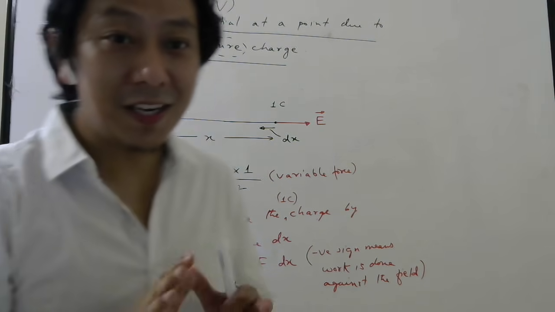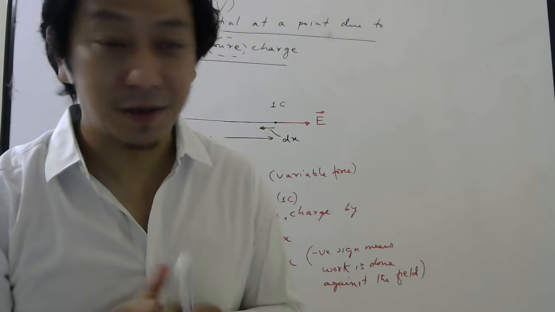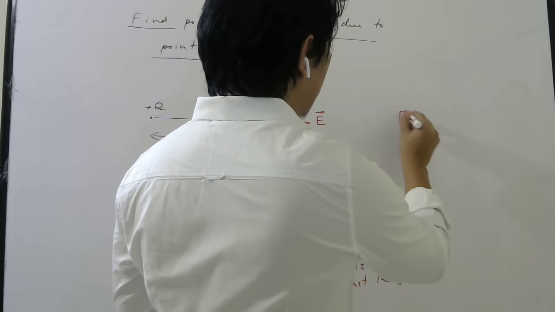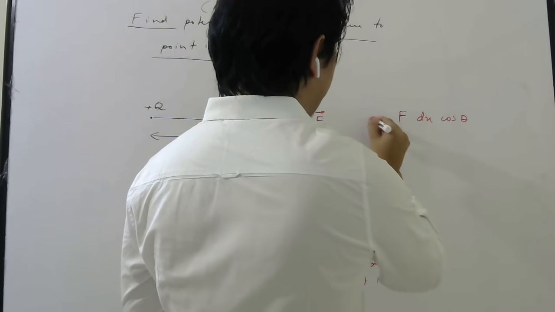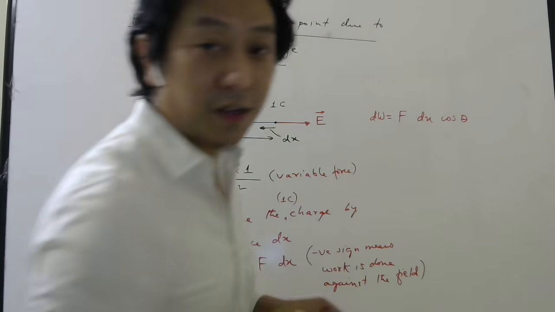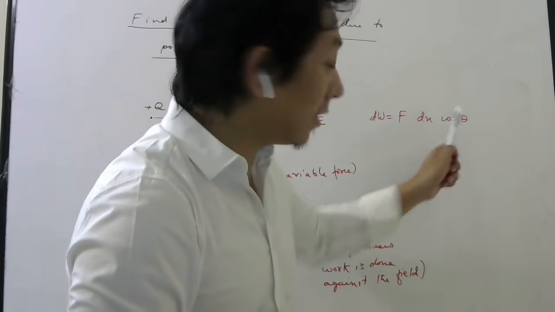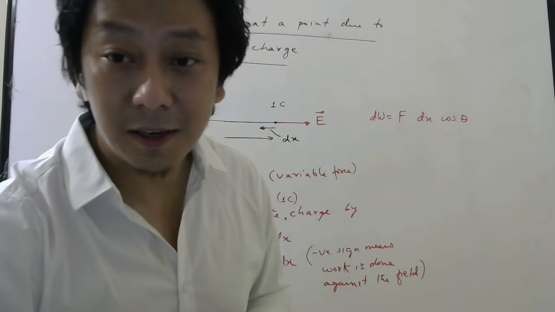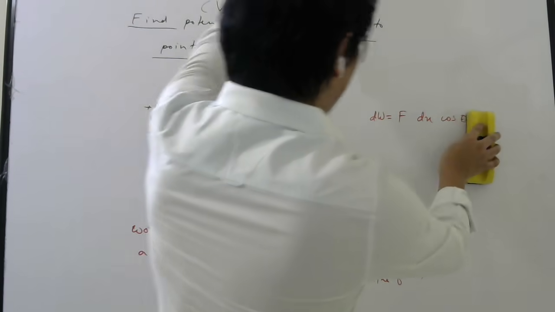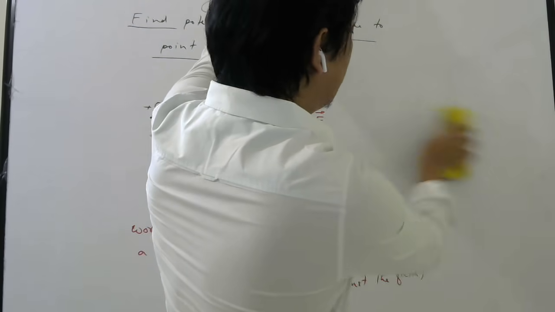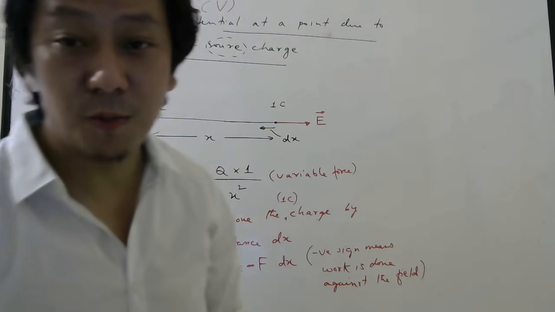So it's very clear you have to do positive work, because the formula for work done is force into displacement into cos of the angle. Theta is the angle between force and displacement. So if the angle is 0, cos of 0 will be how much? 1.